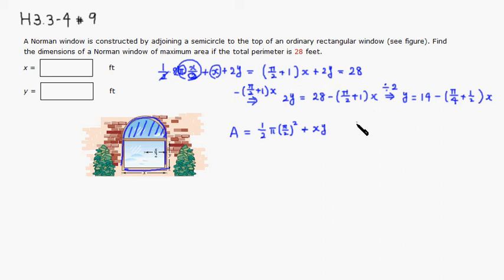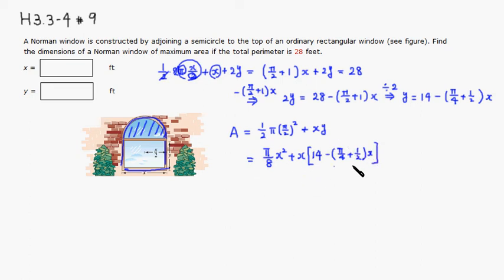If you simplify that, you're going to have pi over 2 times x squared over 4, so pi over 8 x squared, plus x times y, which is 14 minus the quantity pi over 4 plus 1/2 times x.